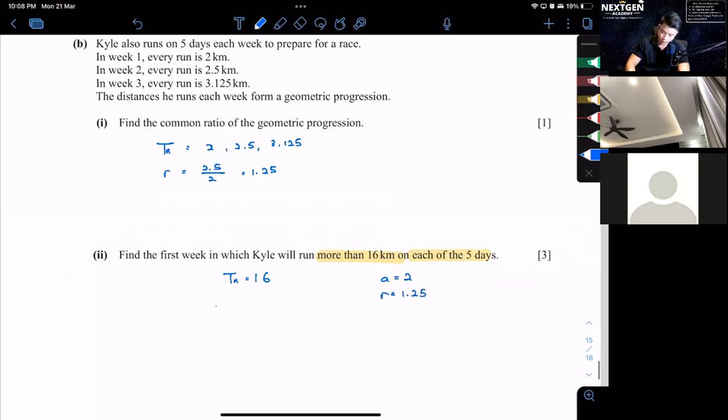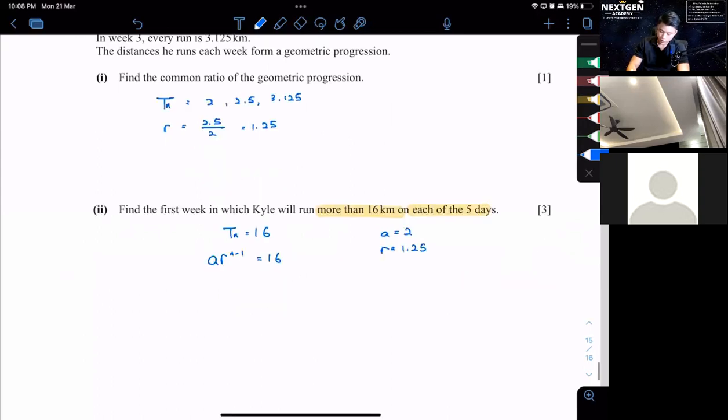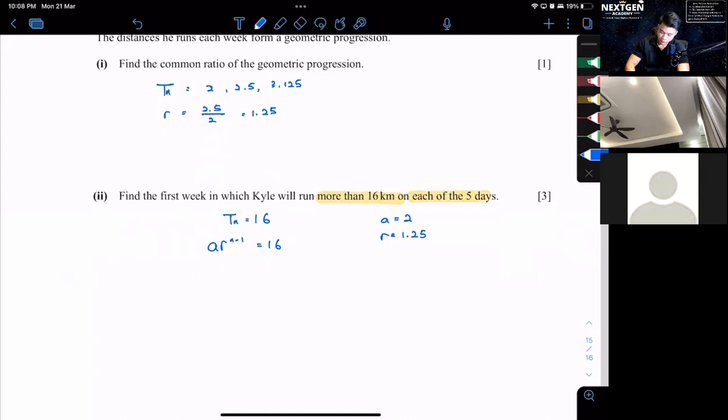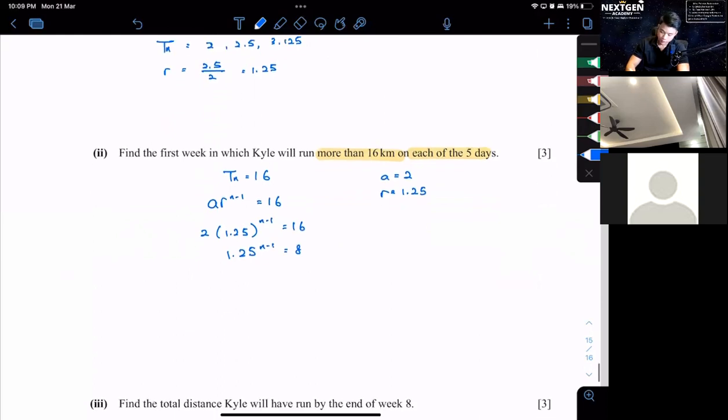So we want to put in ar to the power n minus 1 equals 16. So 2 times 1.25 to the power n minus 1 equals 16. So we want to solve for this. 1.25 to the power n minus 1 equals 8.